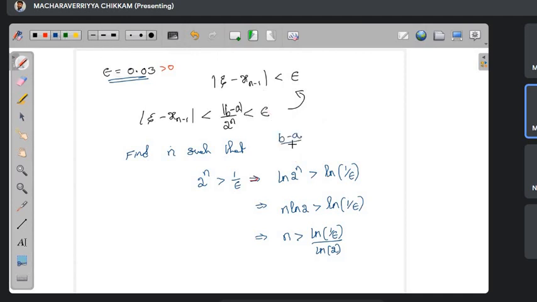This is B minus A by 2 power n, and we want this to be less than epsilon. Alright. So the only change I need to make is here. So this divided by, you might get B minus A.